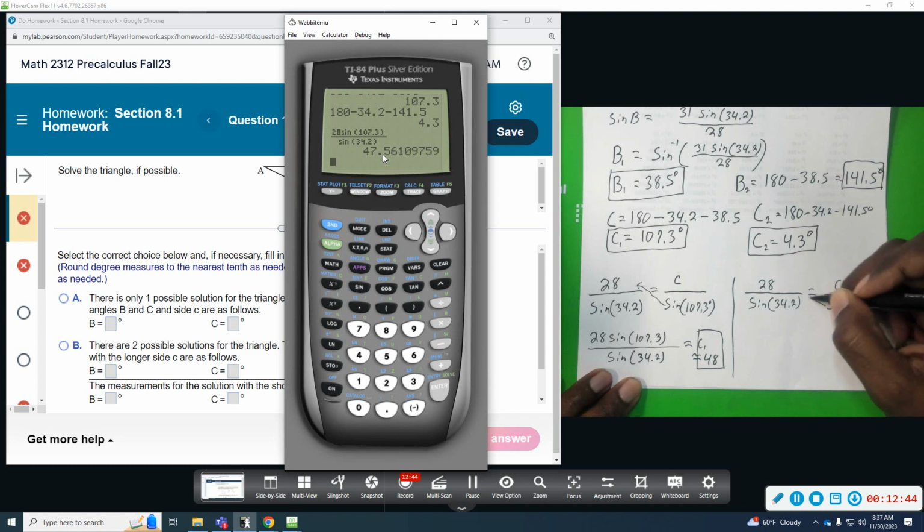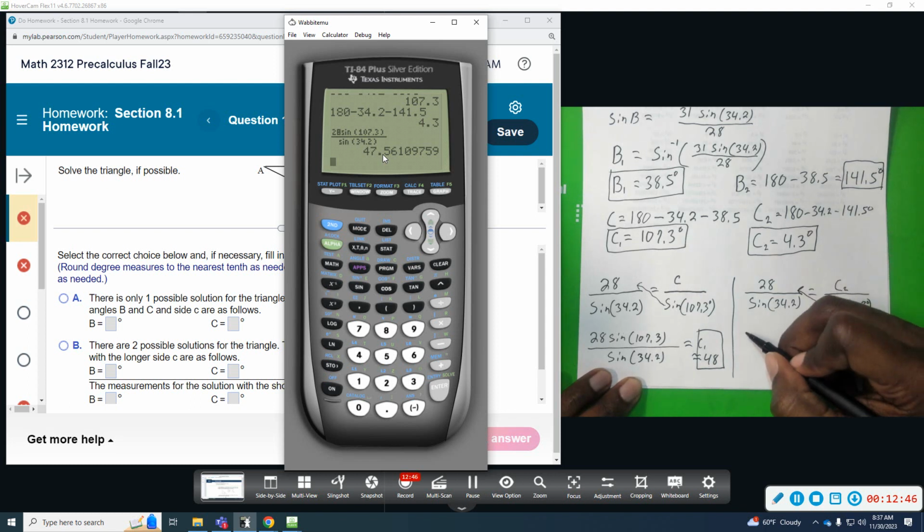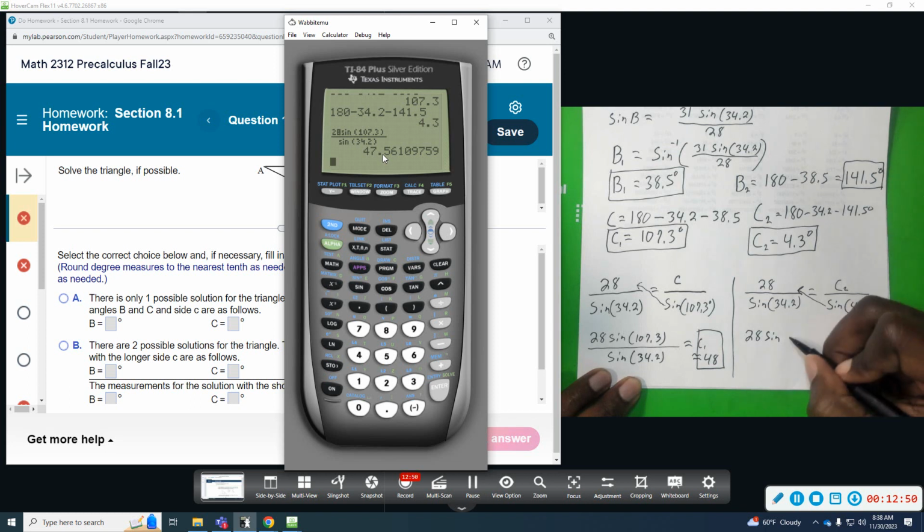And same thing, we're going to multiply this across. So we'll get 28 times sine of 4.3 divided by sine 34.2.